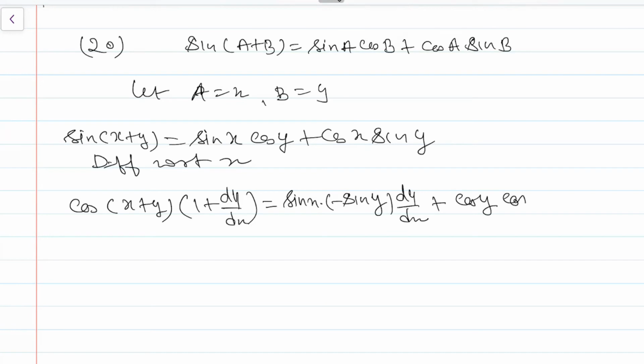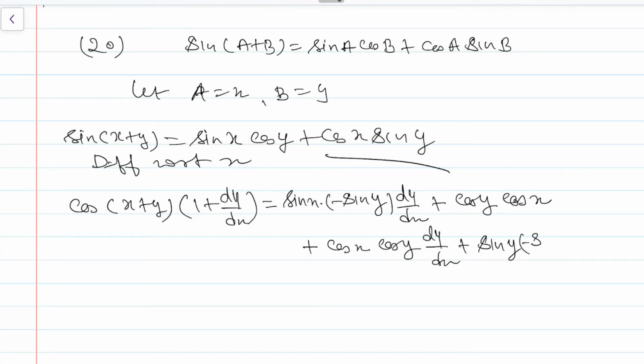derivative of sin x is cos x, and similarly for the second term, cos x into derivative of sin y is cos y, and then derivative of y with respect to x, dy over dx, plus sin y into derivative of cos x is minus sin x.